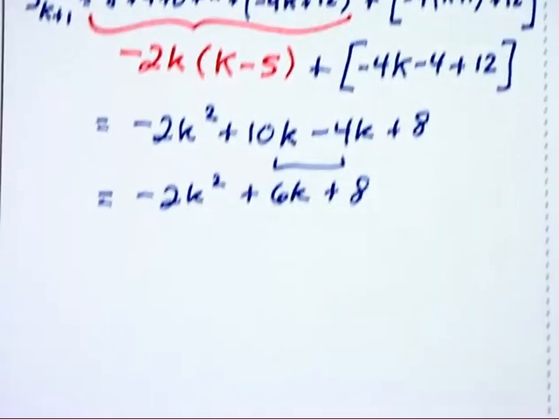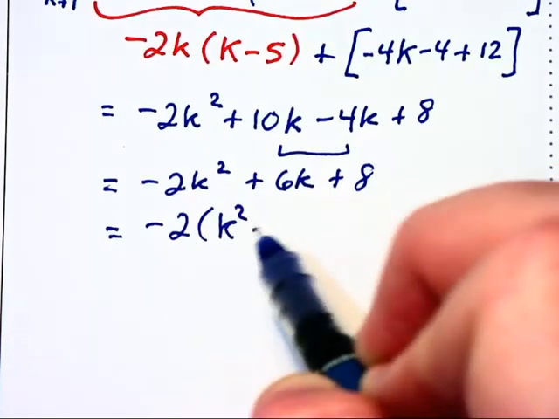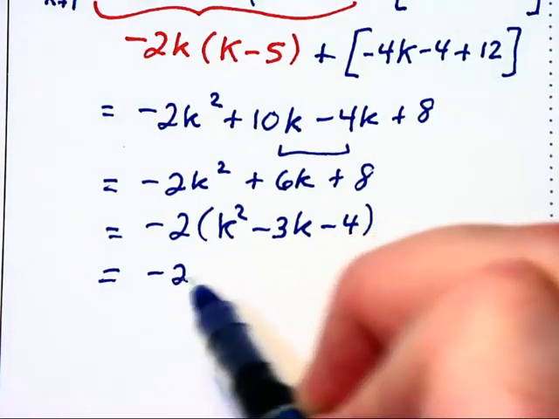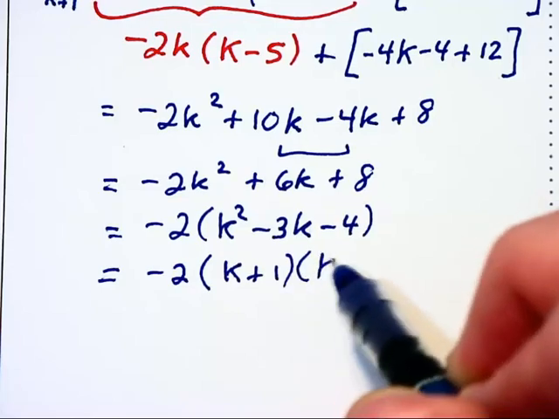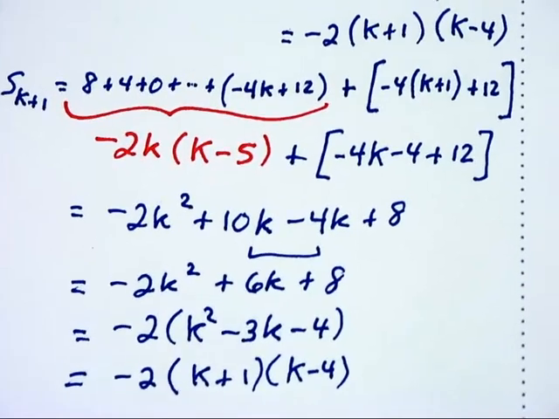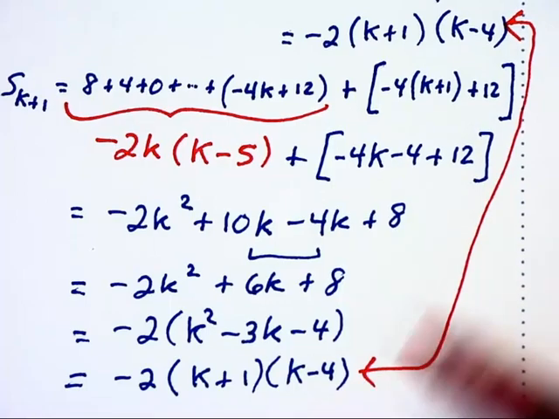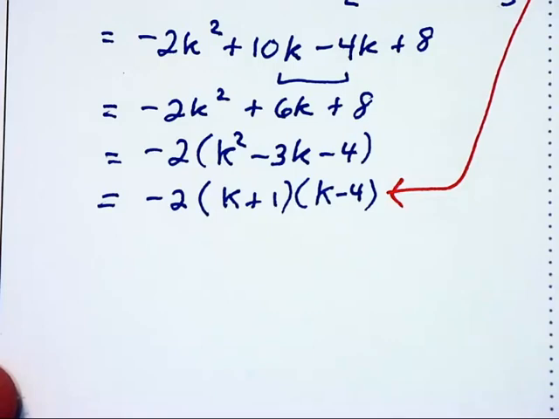I'm now going to factor out a -2 to have k squared minus 3k minus 4, and this will then factor to -2 times k plus 1 times k minus 4. Now let's compare that. Let me see if I can get both of these on the screen at the same time. Yes, I can. These are both equal to each other, and that means we have then finished our proof and shown that this is true using induction rather than deduction.